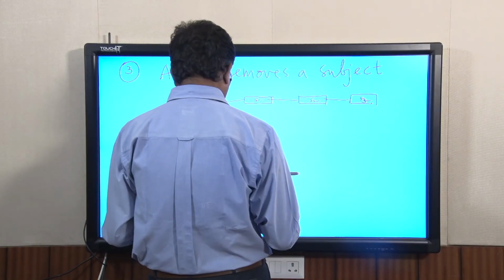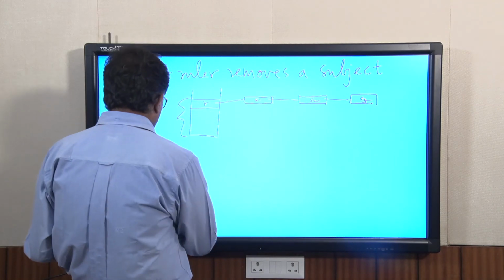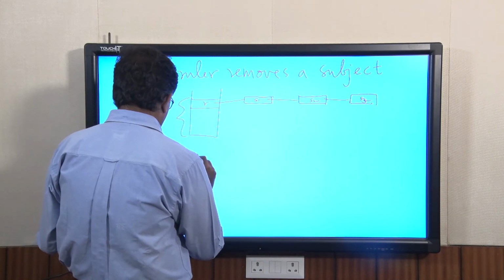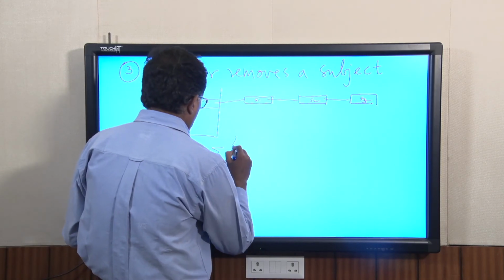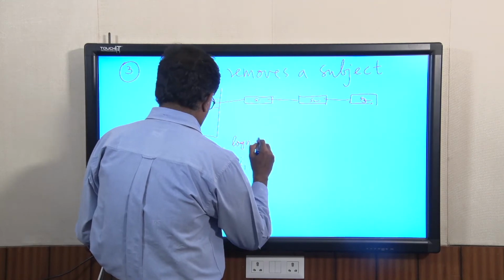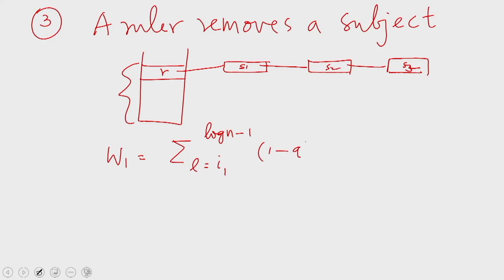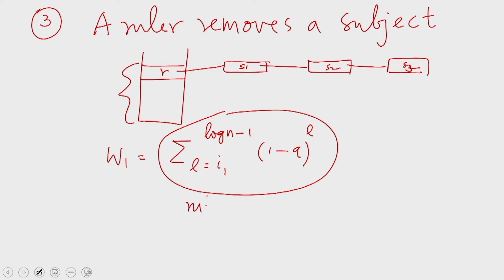Therefore, the total weight in this system initially is this, the total weight corresponding to the ruler's column. Plus, we also have to consider the total weight of the subjects.